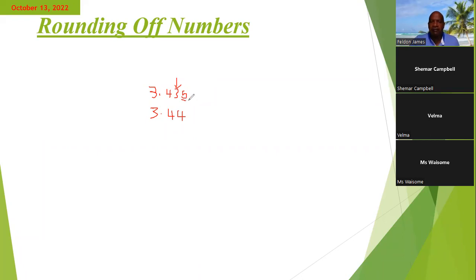Remember we're using a decimal. If you have on a number line, let's say that the 3 is here and the 4 is here.